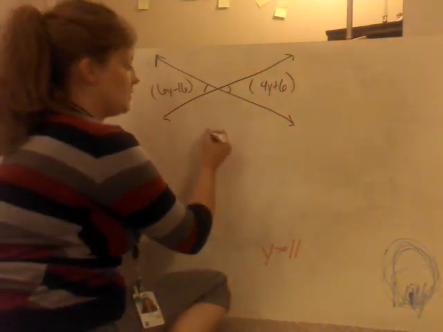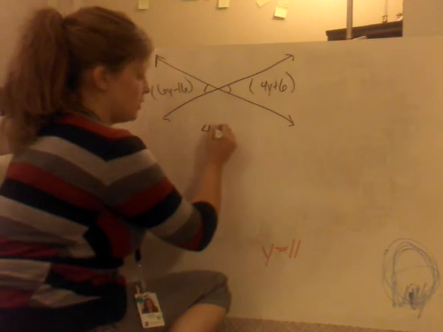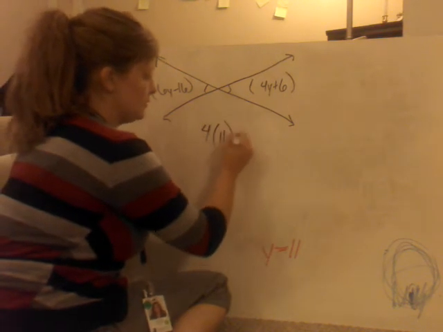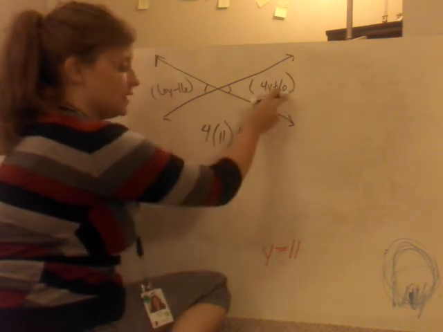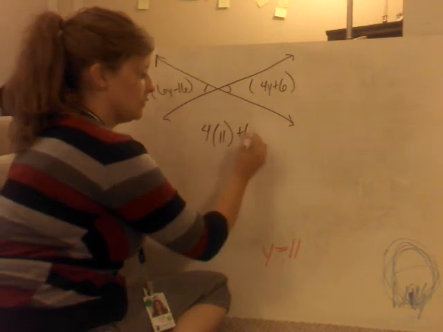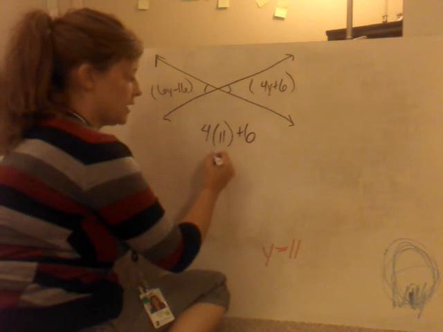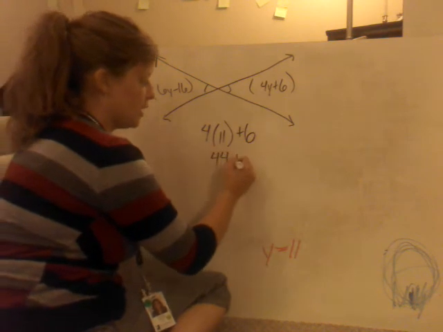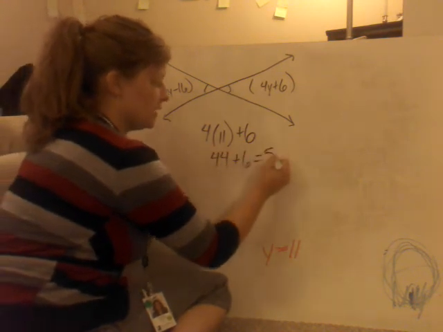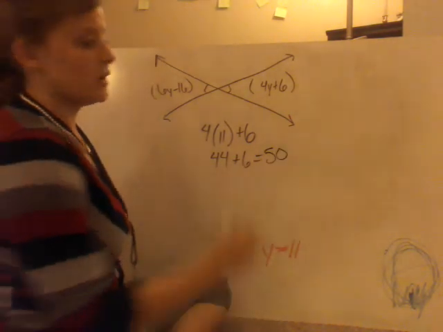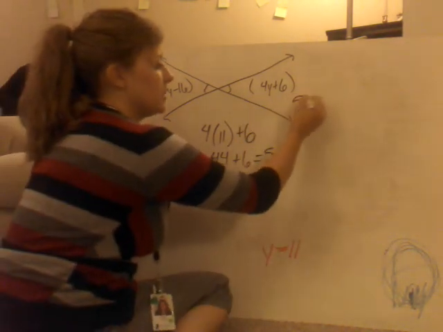So I can take either angle. I'll take 4 times 11 plus 6. I've just taken this equation and written it down here, and I've already put in my y. 4 times 11 is 44, plus 6 is 50. So I know this angle is 50 degrees.